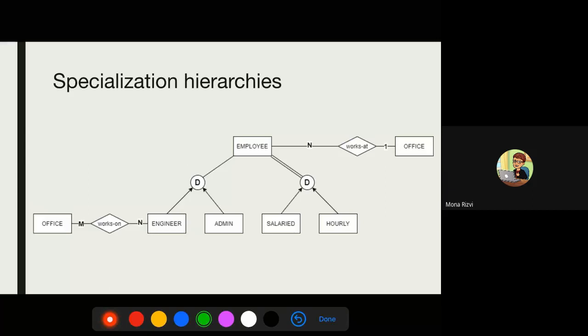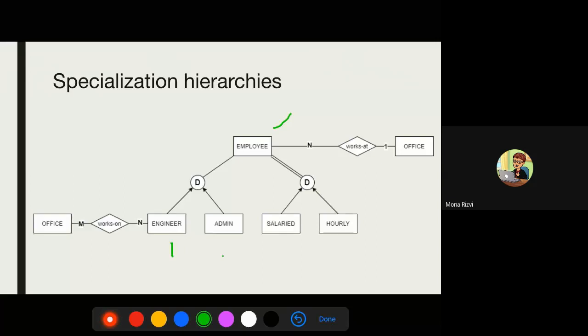So if we imagine we have the employee entity, we can specialize it in multiple different ways. We can say that employees can be divided into specializations by the type of job they do. So for example, engineer and administrative person. So they're being divided by their type or specialized by type.